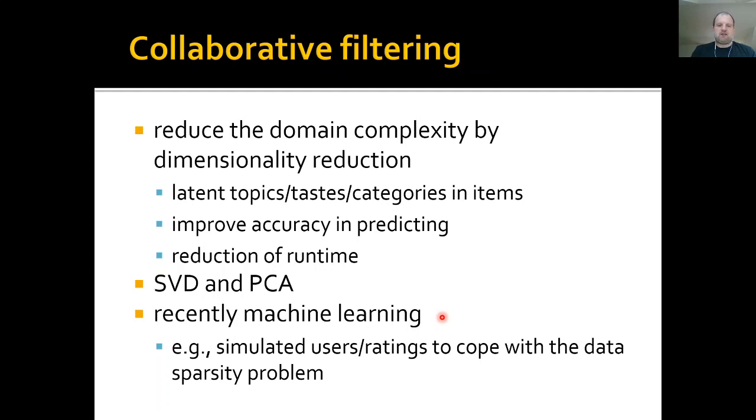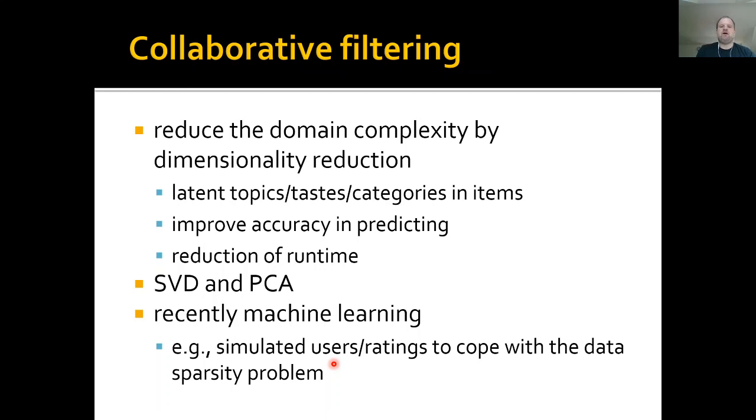And recently, these approaches, as in other subjects, are realized using machine learning. In particular, a common technique is to simulate users to rate. So we have some simulated users that rate things based on some other learned model that is transferred from one domain to the other domain. This is a classic case of transfer learning.